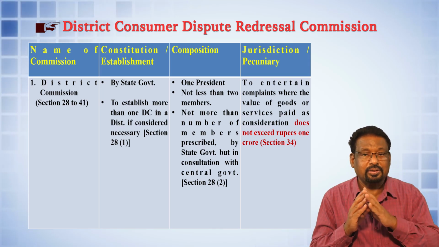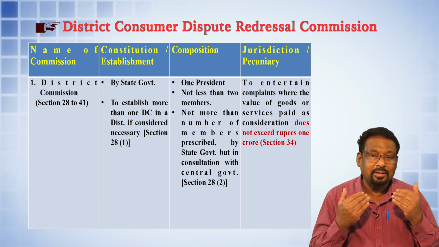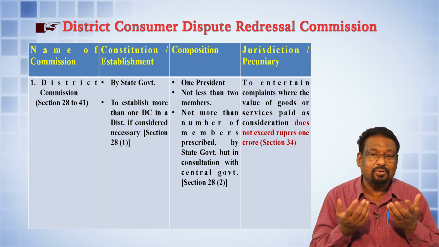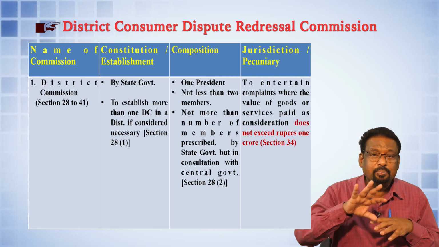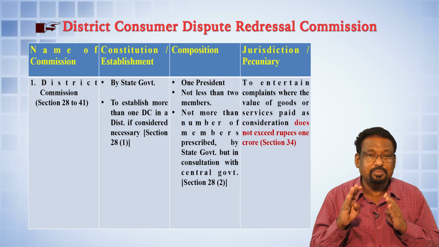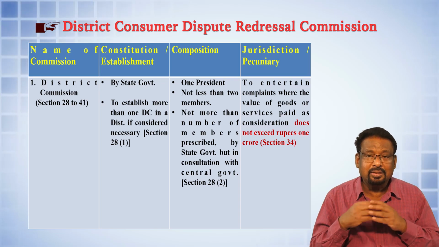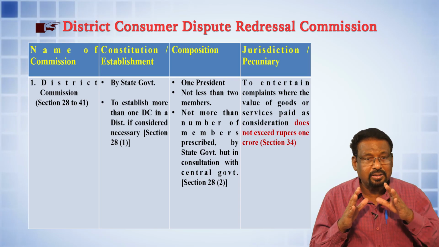That's the minimum composition. And the state government, in consultation with the central government, can enhance the numbers also. Then coming back to the jurisdiction of the district commission: first the territorial jurisdiction.